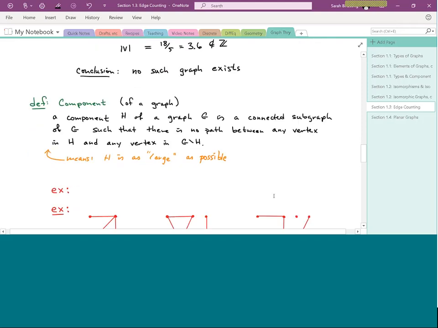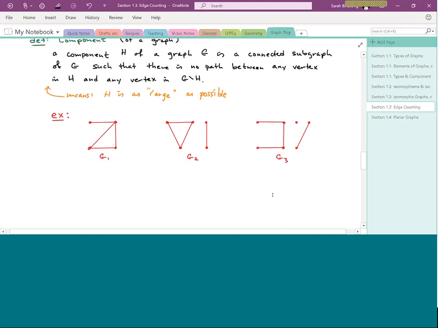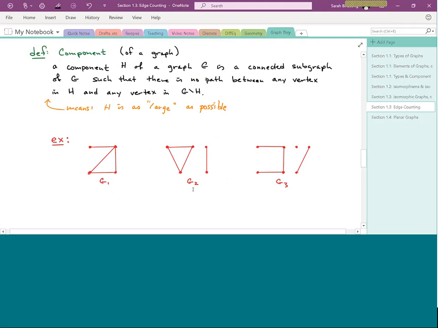So here are some examples. If we look here at these graphs G1, G2, and G3, because I was too lazy to come up with another name. In graph G1, any guesses how many components we might have? Well, there are a lot of subgraphs, tons of them.